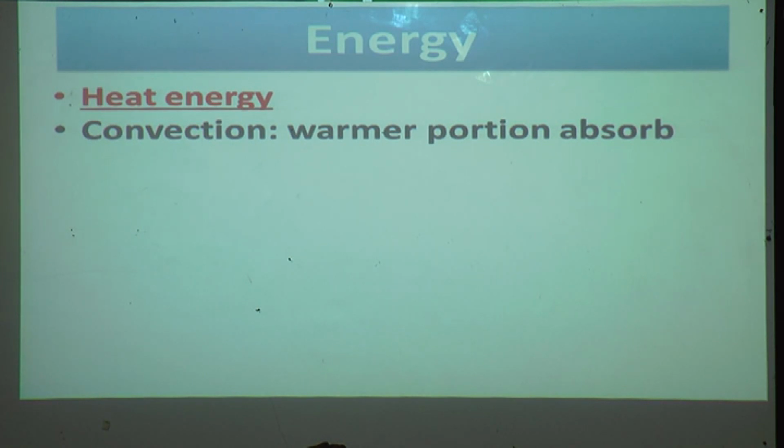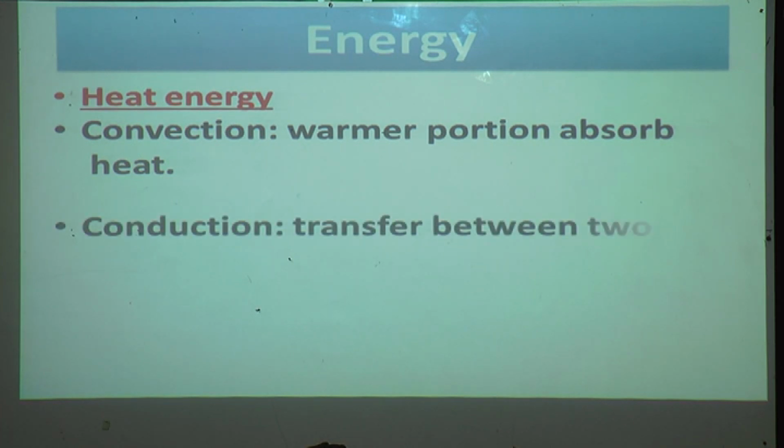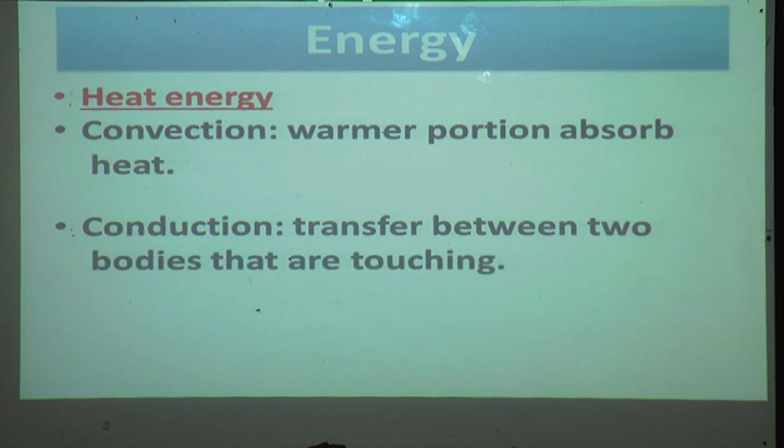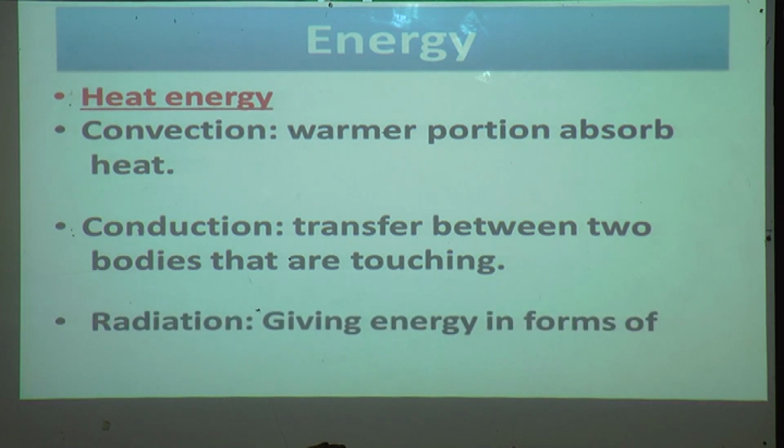Warmer portions absorb heat, that is convection. Conduction means transfer between two bodies that are touching, meaning heat can be transferred between two bodies that are touching each other. Radiation means giving energy in the form of waves.